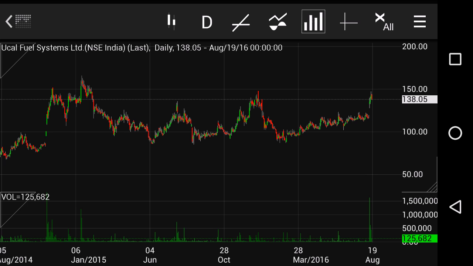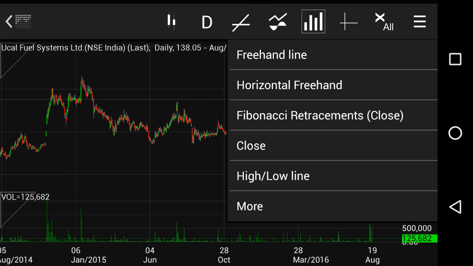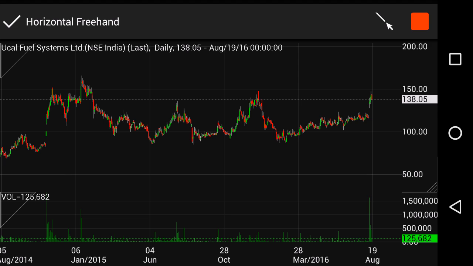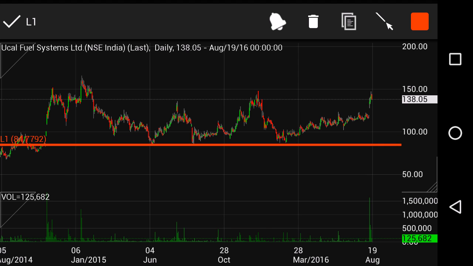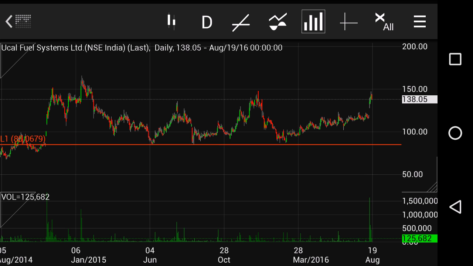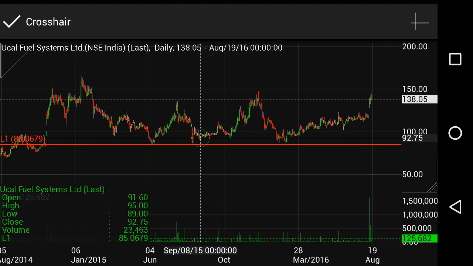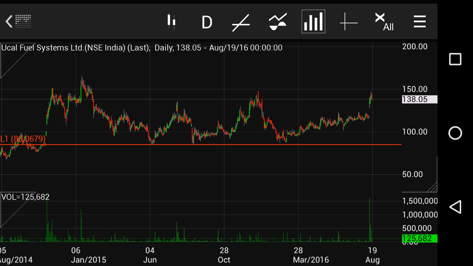So how to draw a trend line on NetDania? Here are the options. This is the horizontal line. See, it has formed a base. It is taking support at 85 zones and it is bouncing from there.